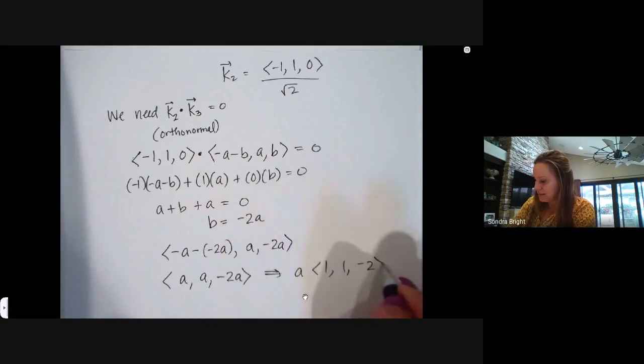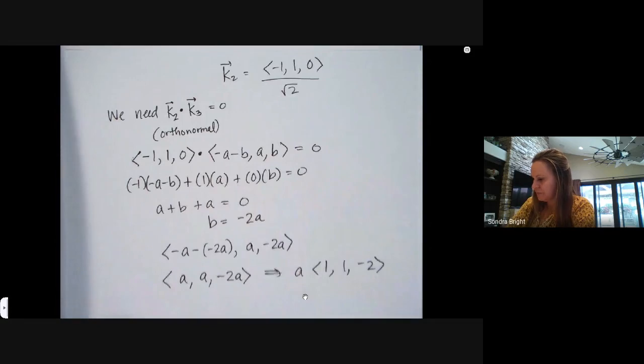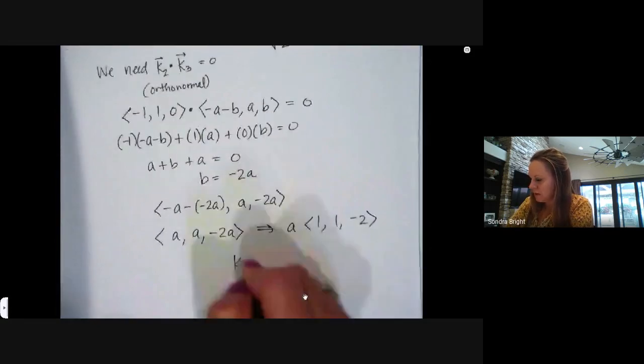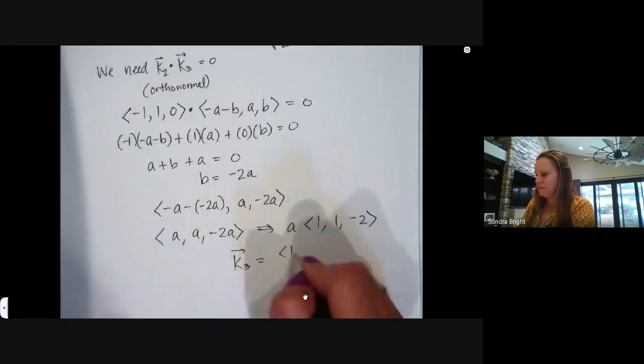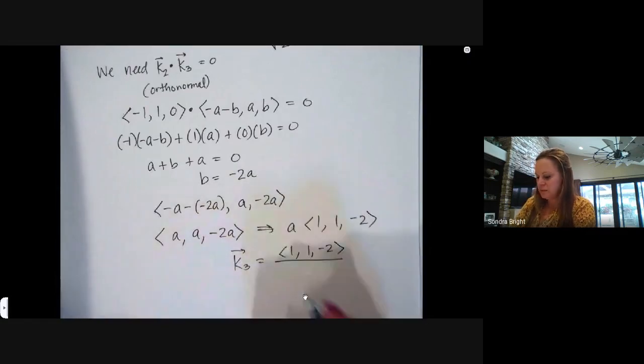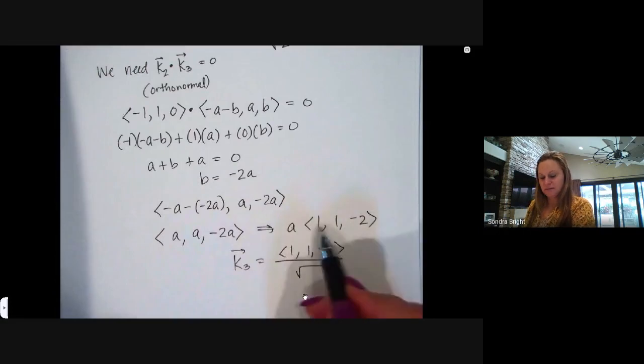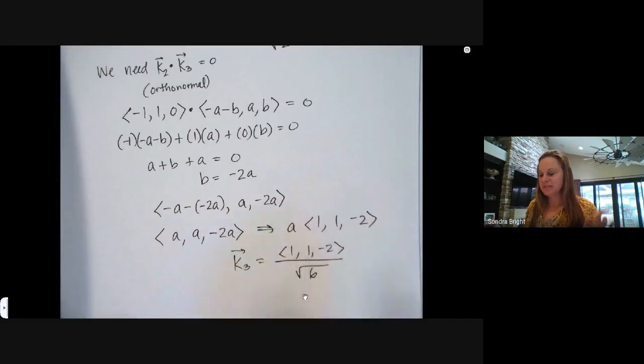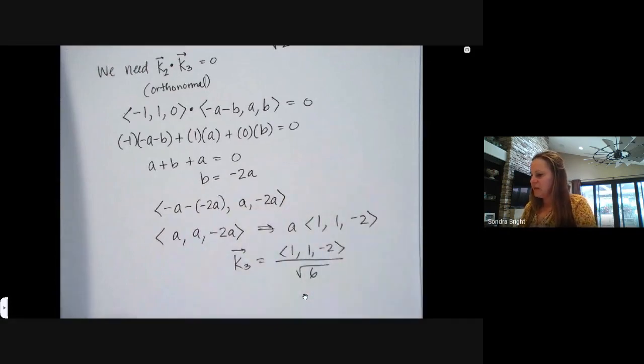So K3 would be 1, 1, negative 2 divided by the square root of 1 squared plus 1 squared plus 2 squared, which is root 6. That's how you'd find the third one.